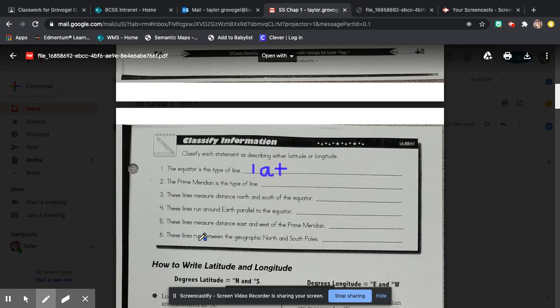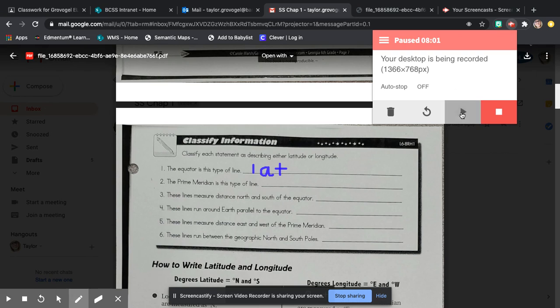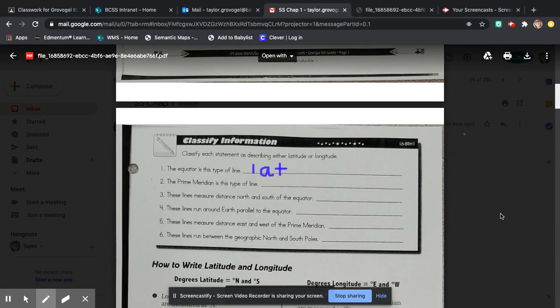Number 4 said these lines run around Earth parallel to the equator. Number 5 says these lines measure distance east and west of the prime meridian. Okay, number 6 says these lines run between the geographic north and south poles.